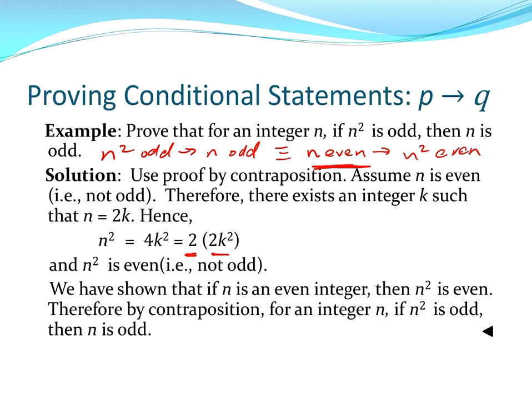And then because the contrapositive will also be true, if n squared is odd, n will be odd. And that is the first indirect technique called proof by contraposition, which is effective on proofs of implications.